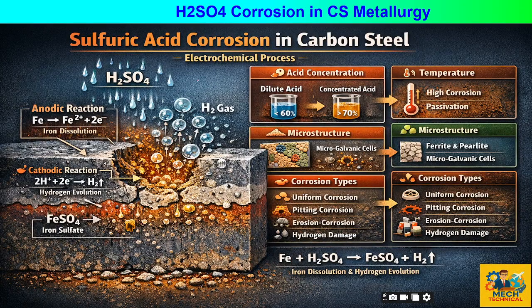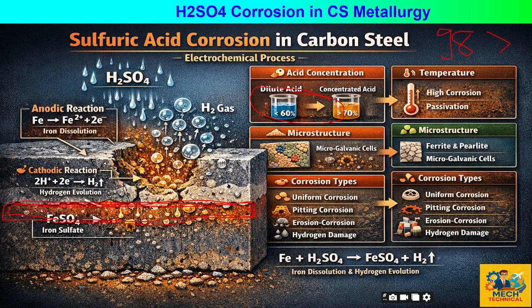Now, the basic thing is the stability of the iron sulfate layer. This is the iron sulfate layer you can see here. If this layer is much more stable, then further corrosion will not occur. But if this layer is not stable, like in the case of diluted acids... if the concentration is 98% and above, there is no issue.